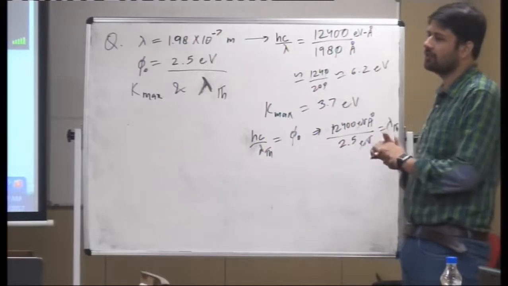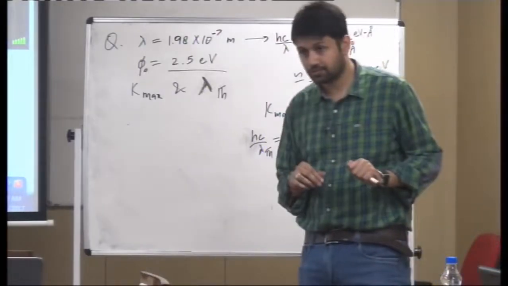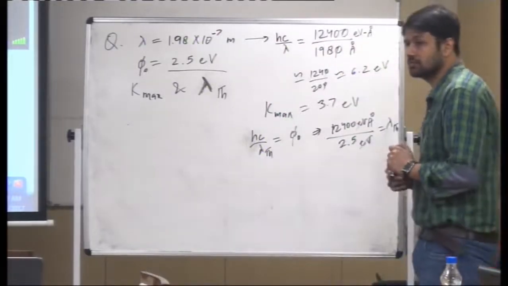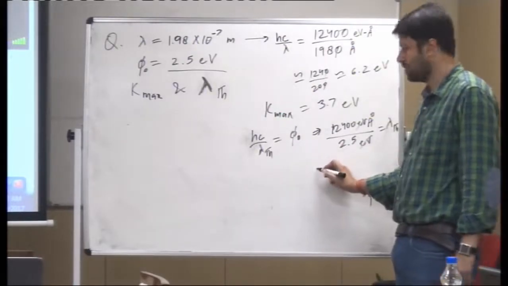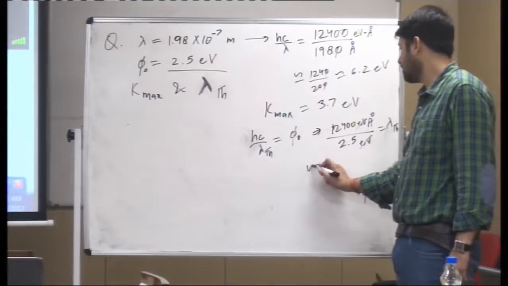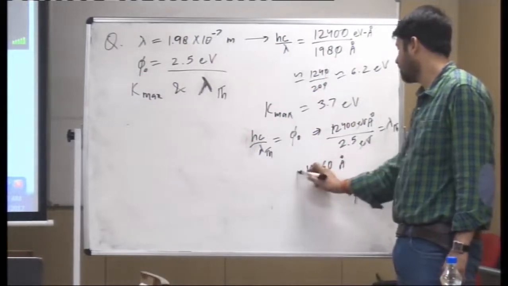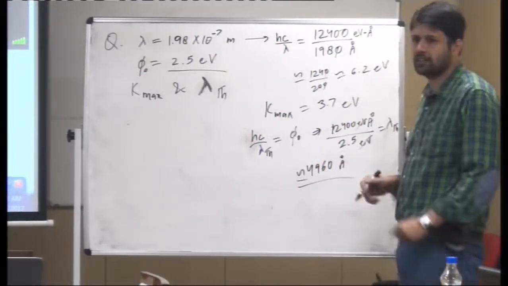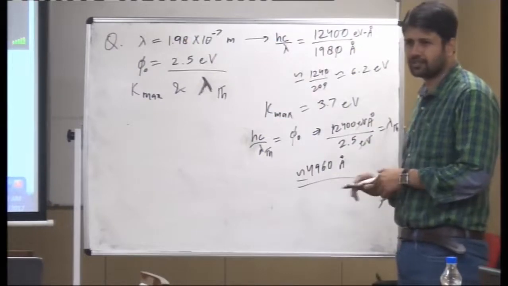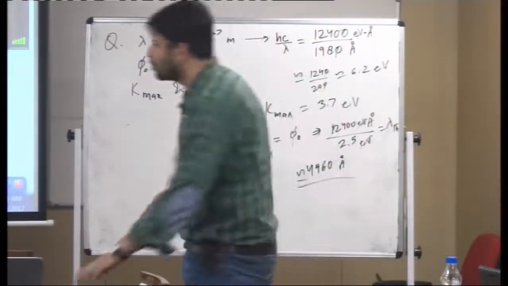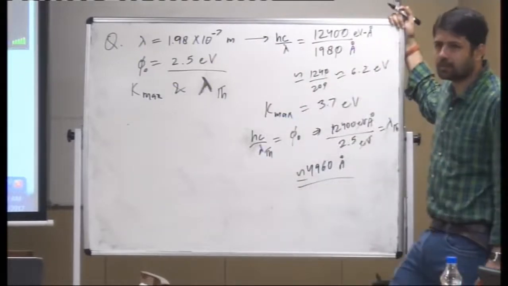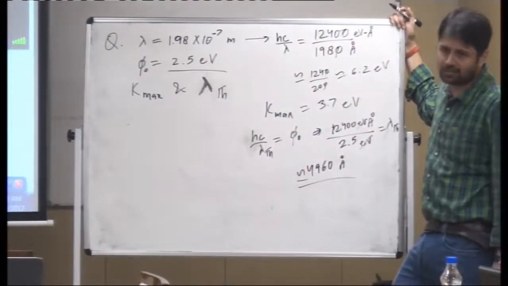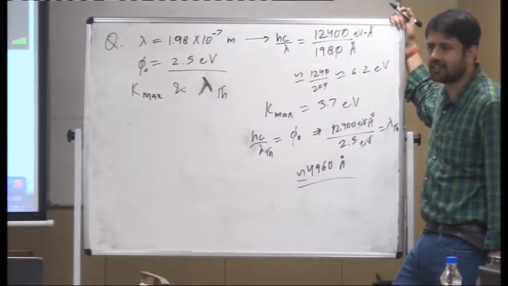So how much would be the value? 4960, somewhere around 5000 angstrom, right? In most of these questions, if the options are far away, you can use approximations. If they are not, please handle with care, right?